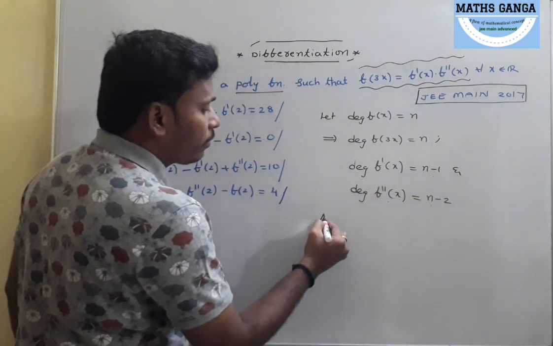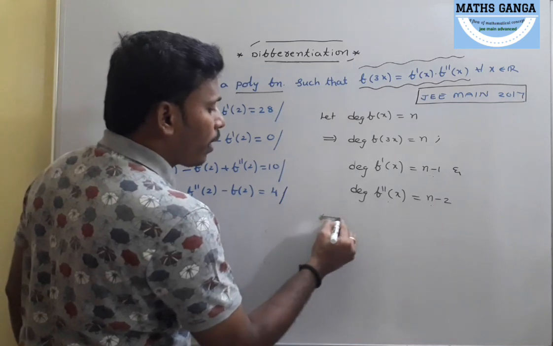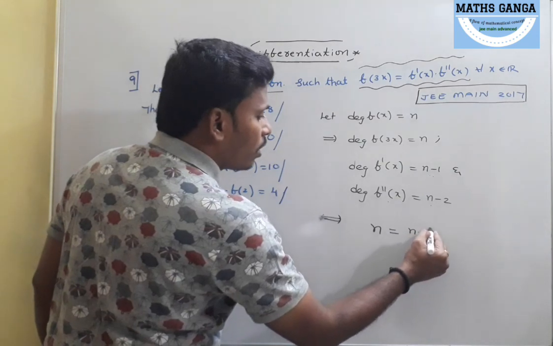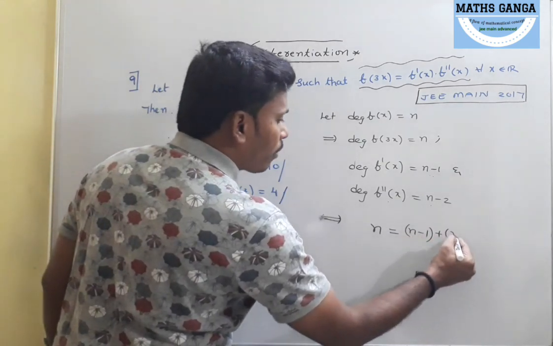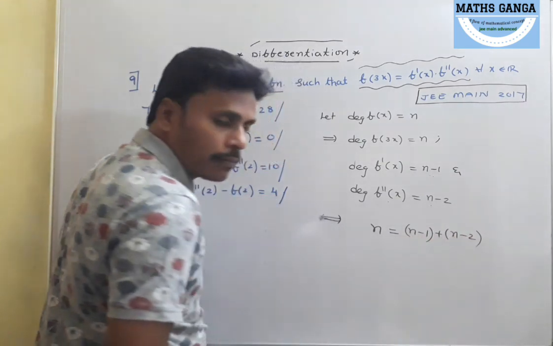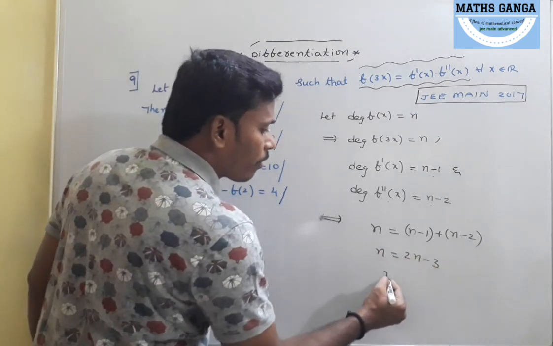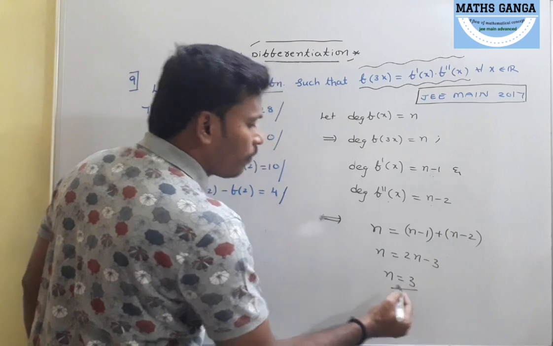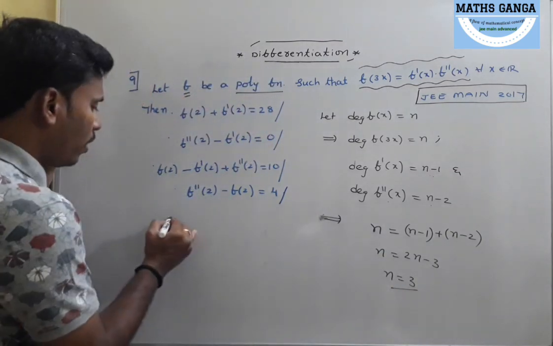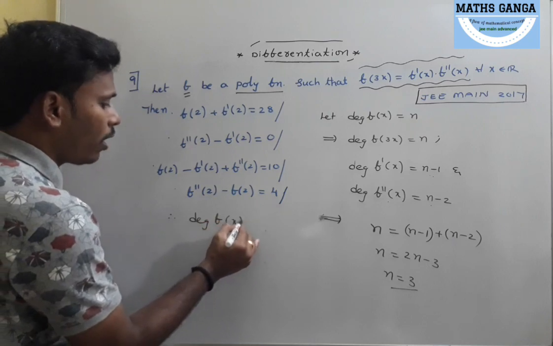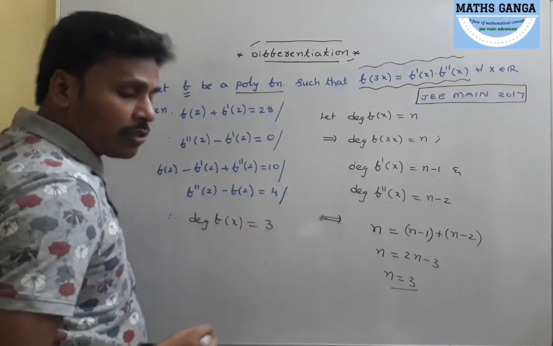So that implies the degree of the left side polynomial is equal to the sum of the degrees of these two, n minus 1 plus n minus 2. If you simplify this, n is equal to 2n minus 3. From there, n is equal to 3, and we conclude the degree of f of x is 3 finally.